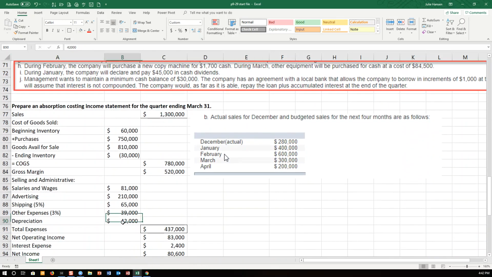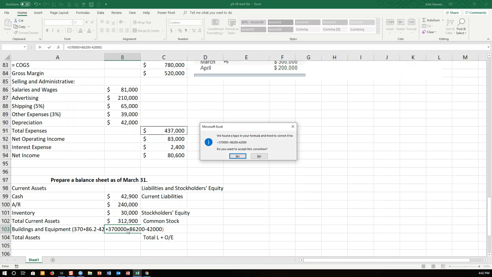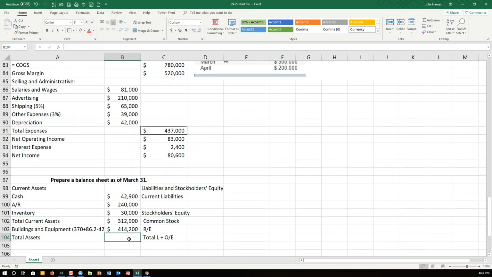So basically we're going to take the 370 that we started with, add the 86,200, and subtract our depreciation because it just wanted the net. Then my total assets are going to be my current assets plus my long-term assets, and hopefully that is right. And it is. Good.